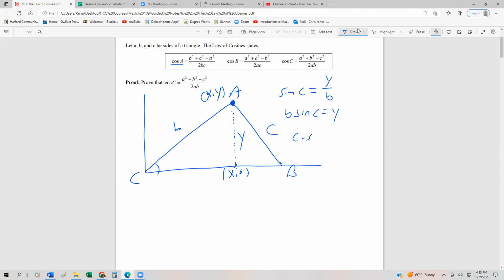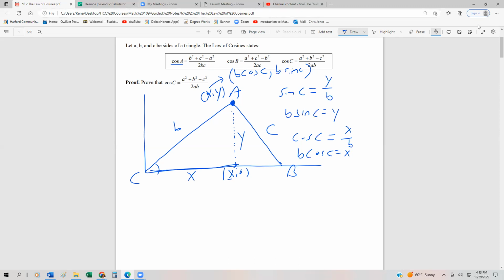The cosine of C is the adjacent over the hypotenuse. Let's call this x, because the distance from here to here is just x. That's x over b, or b cos C is equal to x. So this point, instead of x, y, we could write as b cos C, comma, b sine C.